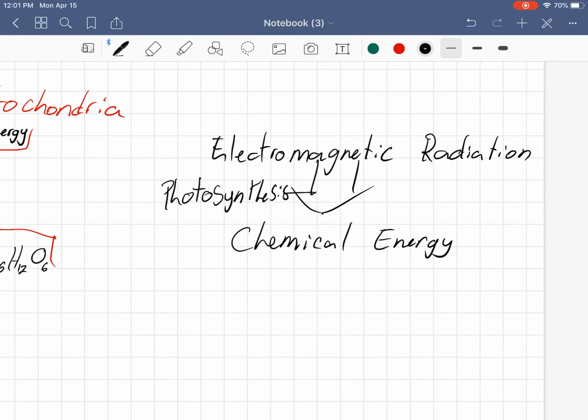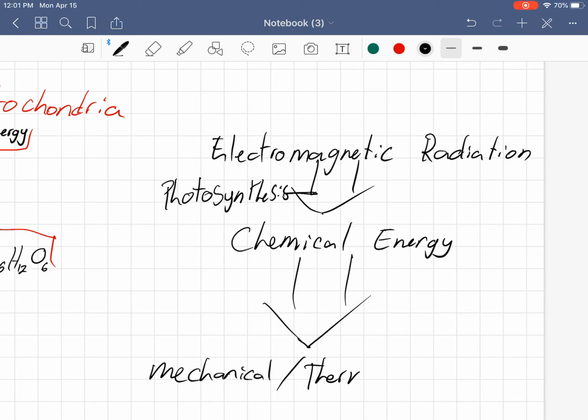Okay, so that's what's occurring right here. Then this is converted into mechanical energy and thermal energy through respiration.